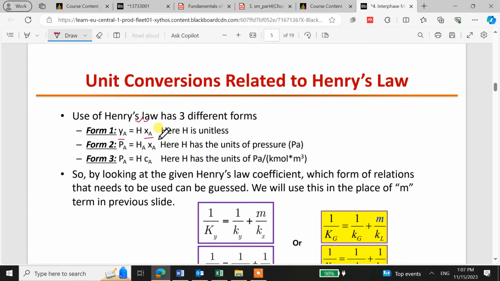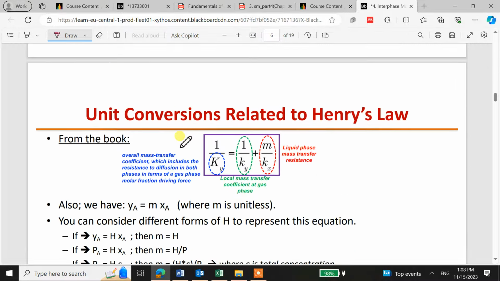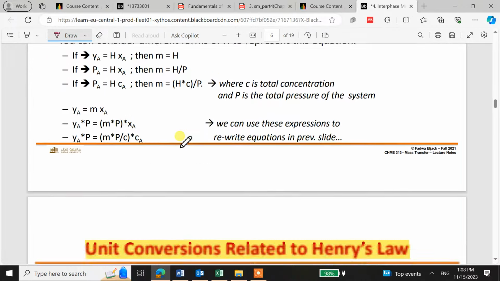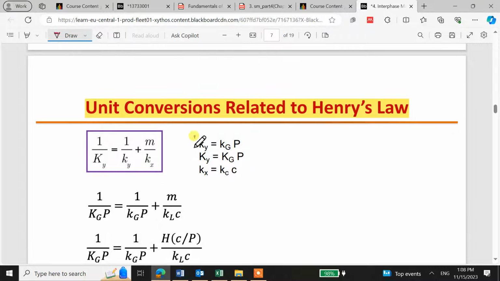Or we can have it in terms of pressure and mole fraction, or pressure and concentration. In all cases, the unit of H, or m, will change. And one more thing, this one is important, guys.